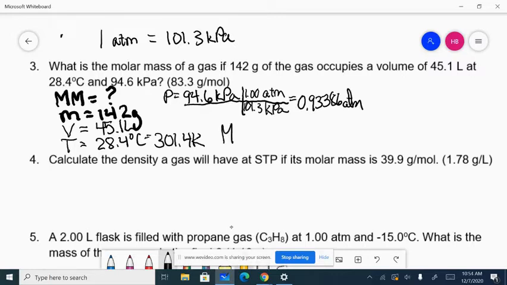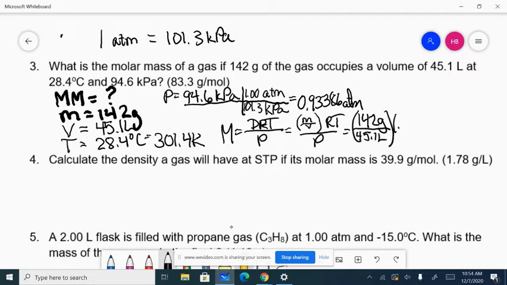So molar mass kitty is equal to dRT over P, or remembering that density is mass over volume, times RT over P, which is 142 over 45.1 liters times 0.08206.